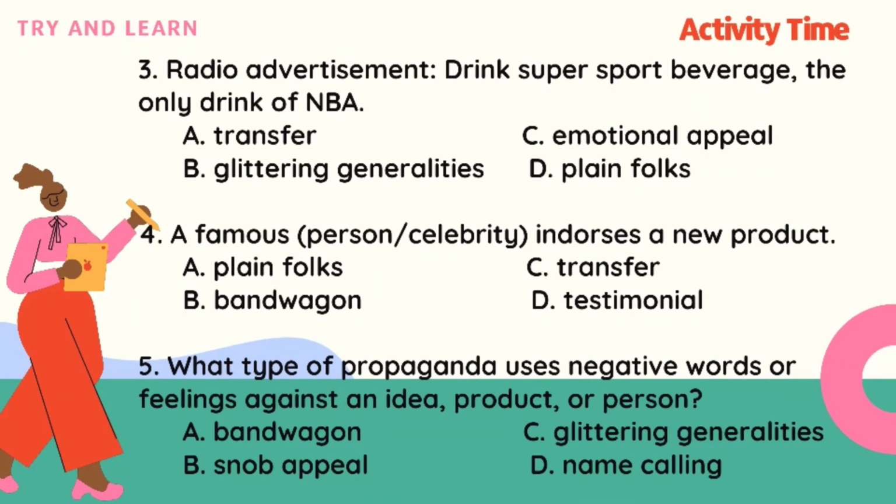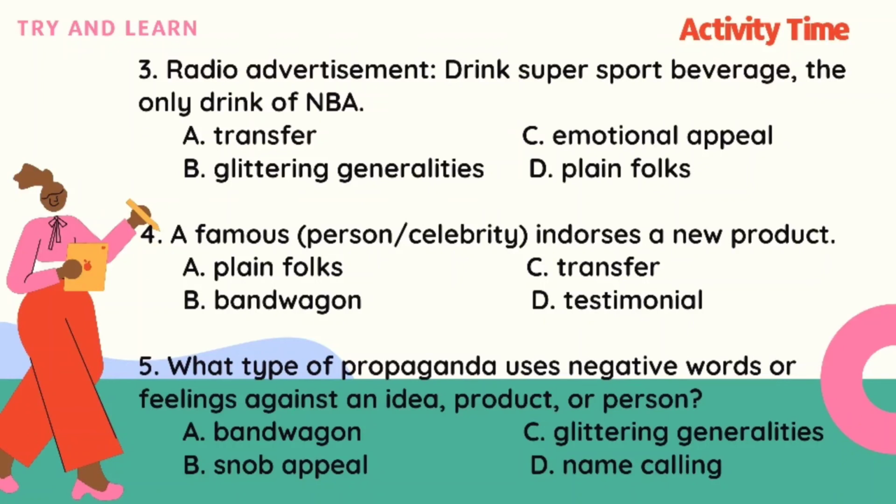Number 3. Radio advertisement: Drink Super Sport beverage, the only drink of the NBA. A. Transfer. B. Glittering generalities. C. Emotional appeal. D. Plain folks. Number 4. A famous person or celebrity endorses a new product. A. Plain folks.